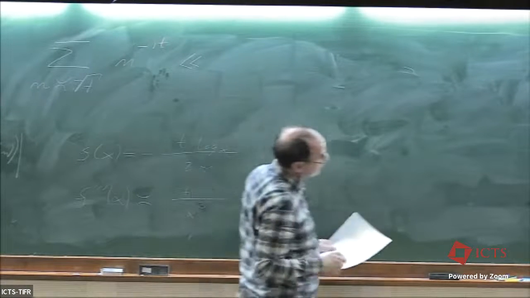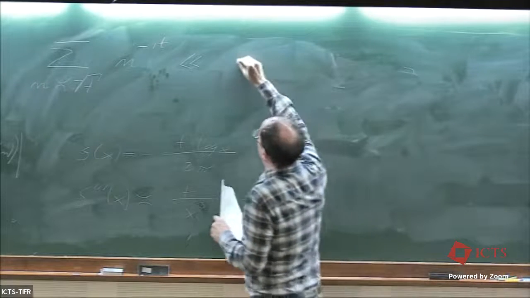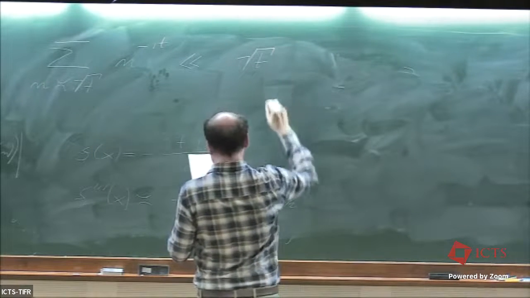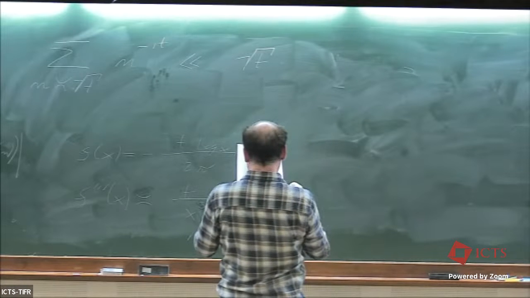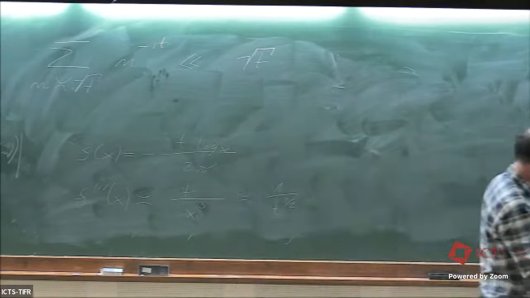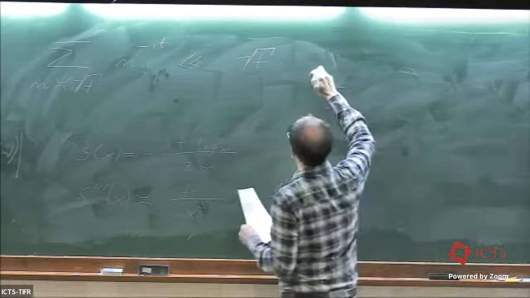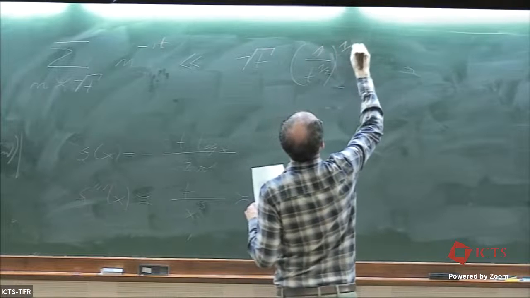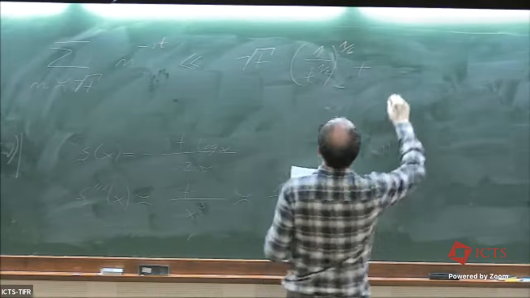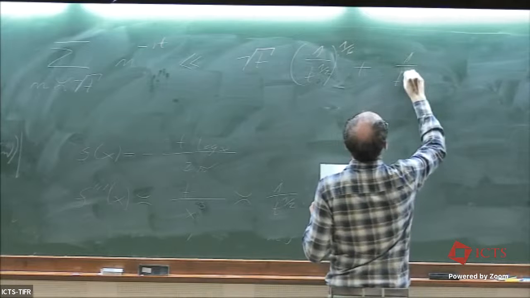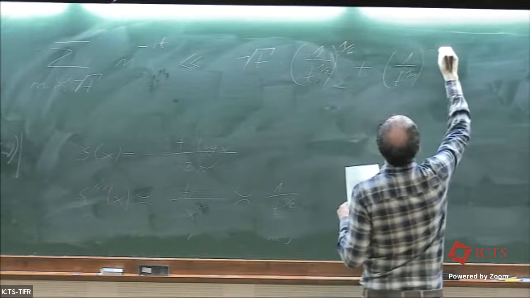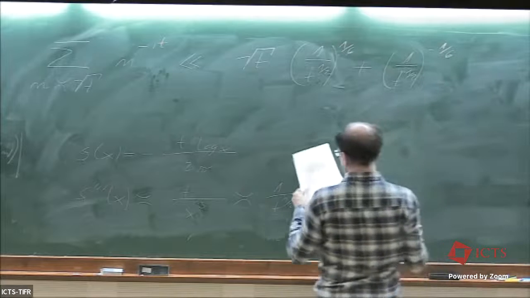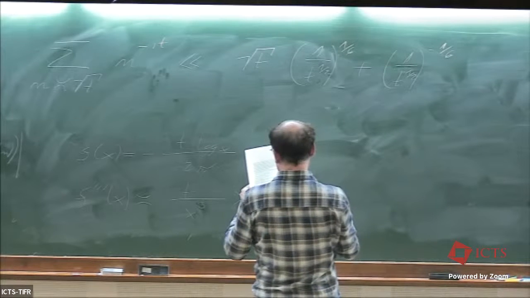So what we get is interval length is the square root t times that thing to the 1/6, plus, and then t to the minus 1/6 times interval length to the 1/2.